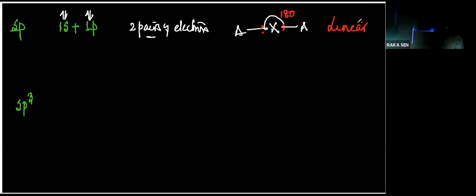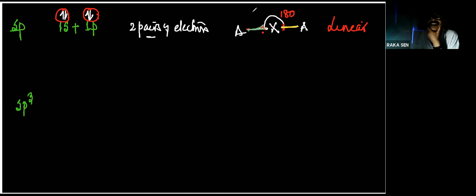Did you understand? Valence shell electron pair repulsion. How many electrons are in the valence shell? 4. How many pairs? 2 pairs. Why am I considering pairs? Because each covalent bond will be having a pair of electrons. So out of 4 electrons, how many chemical bonds can I form? 2. So this is my one bond and this is my other bond.